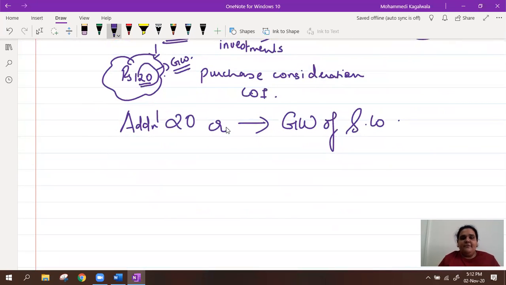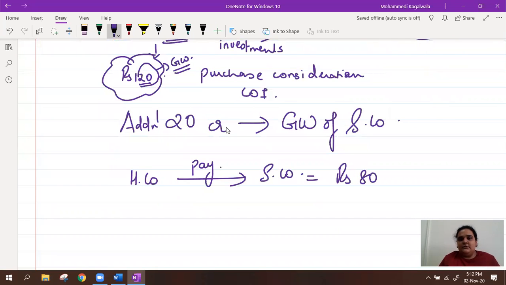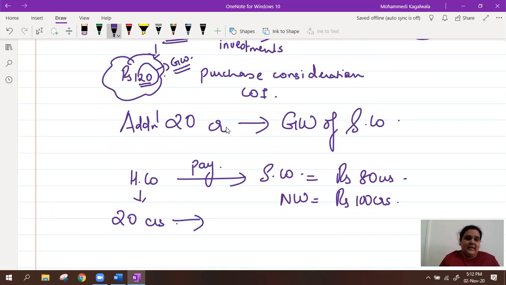But say the holding company happens to pay 80 crores for its investment in the subsidiary company, whereas the net worth stands at 100 crores. So from the holding company's point of view there is a profit of 20 crores, which is a one-time profit, capital in nature.